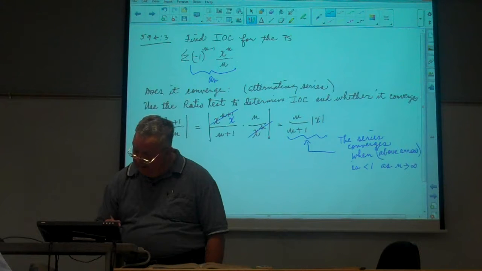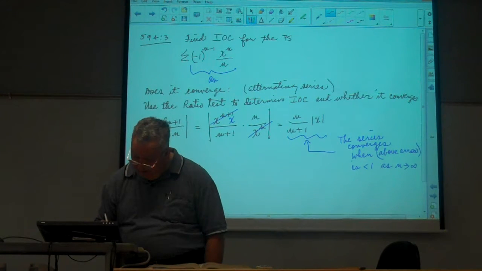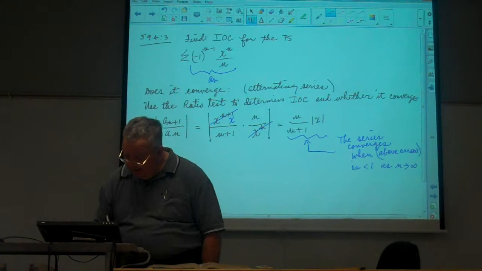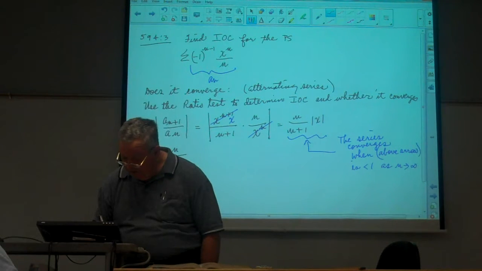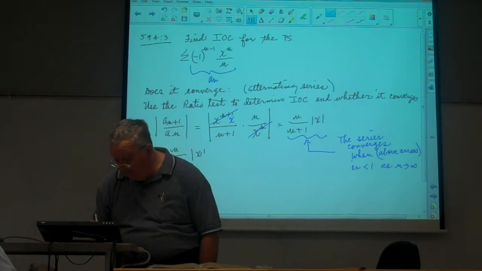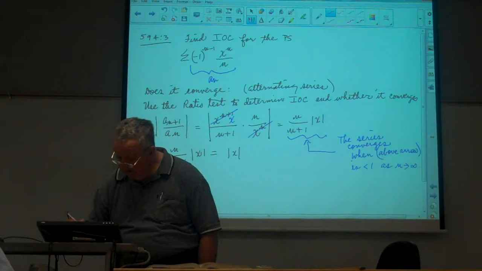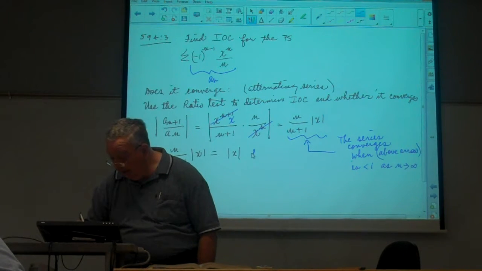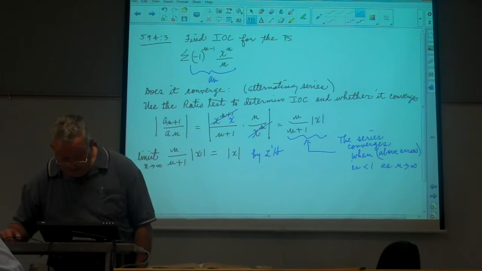So now I take the limit as n, not x, approaches infinity of n over n plus 1 times the absolute value of x. But I think that is equal to the absolute value of x by the man.